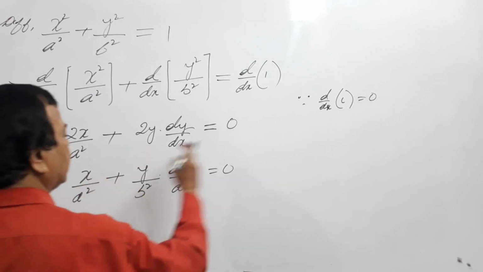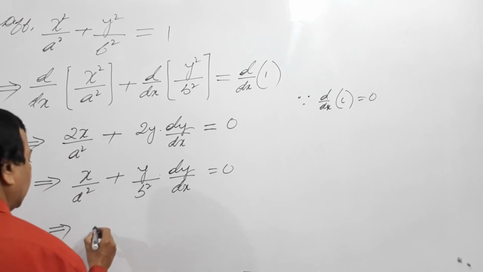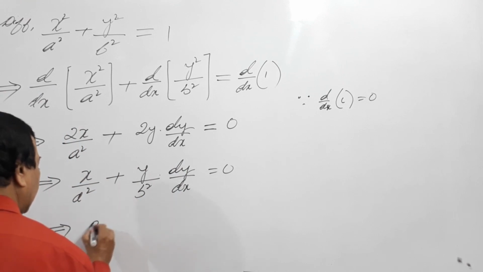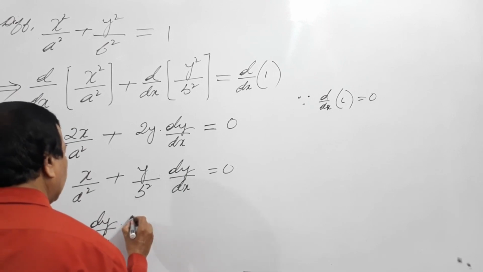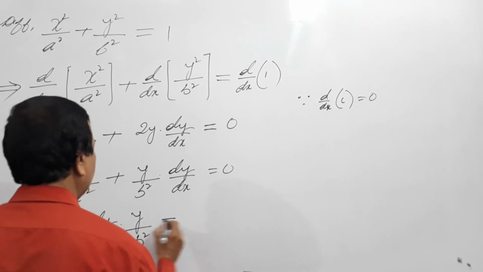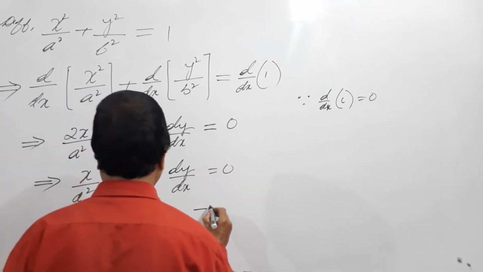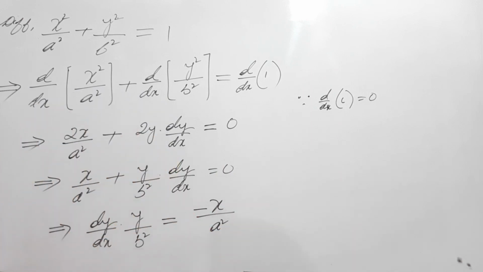So I transfer this x by a square to the right hand side. So this is equal to what? I want to keep this dy by dx, that is dy by dx into y by b square equals to minus x by a square. So let us cross multiply this. What happens?